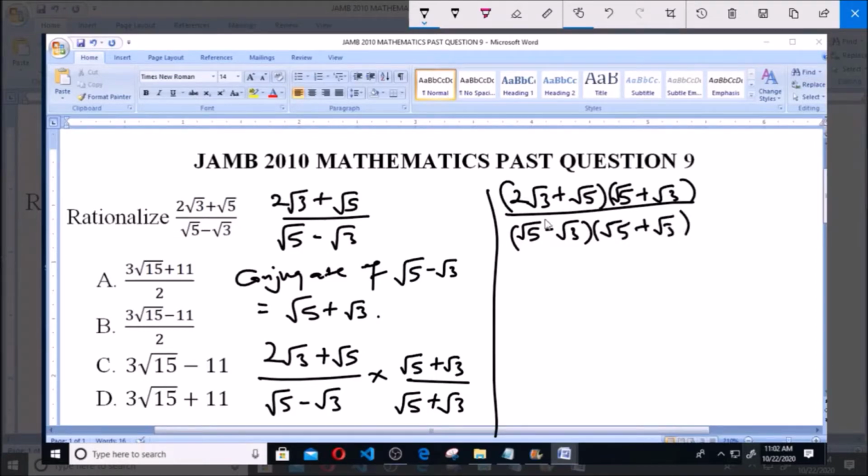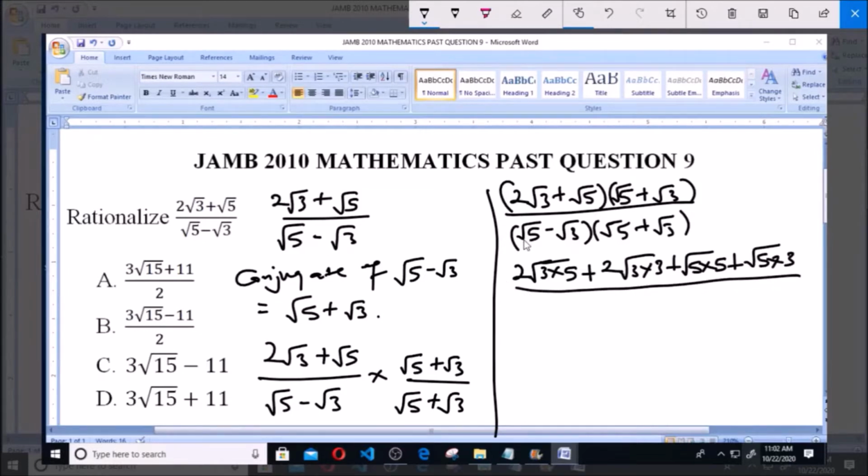Now opening these brackets, we'll have that 2 root 3 multiplied by root 5 will give us 2 root 3 times 5, plus 2 root 3 multiplied by root 3 will give us 2 root 3 times 3, plus root 5 multiplied by root 5 will give us root 5 times 5, plus root 5 multiplied by root 3 will give us root 5 times 3, all over root 5 multiplied by root 5 will give us root 5 times 5, plus root 5 multiplied by root 3 will give us plus root 5 times 3.